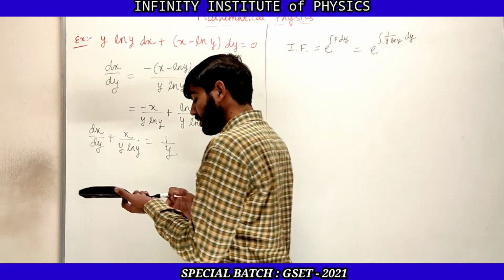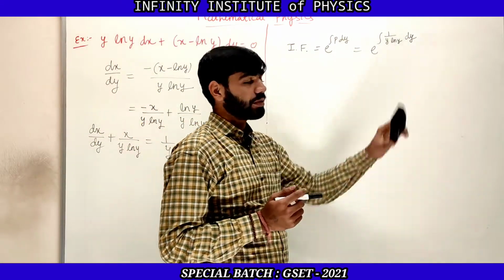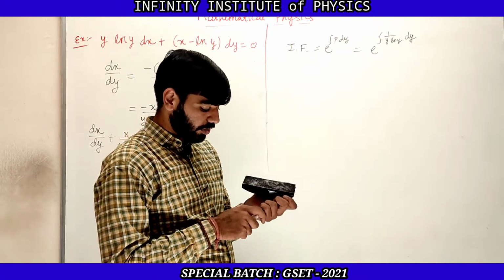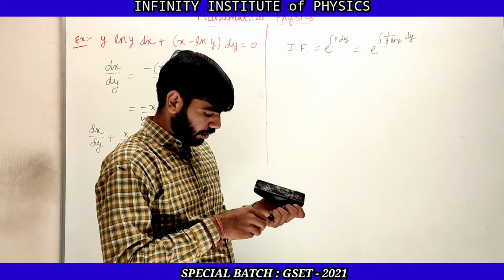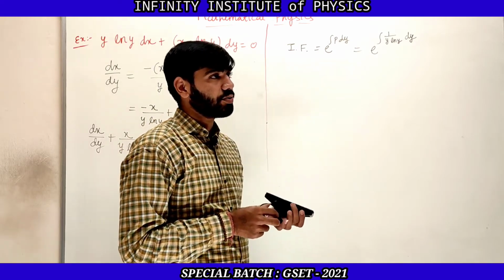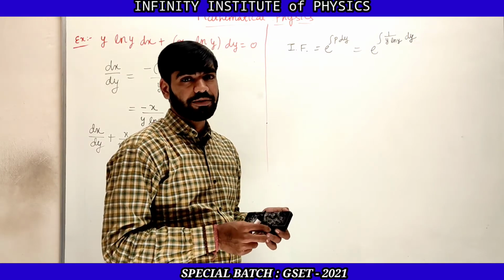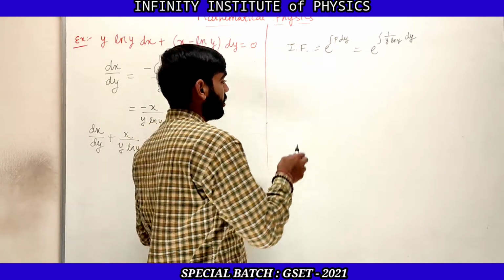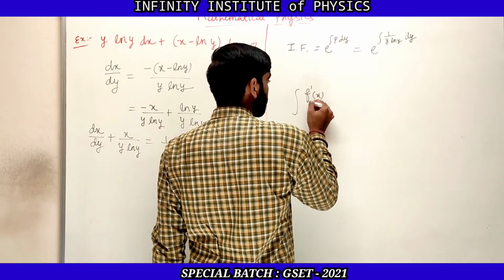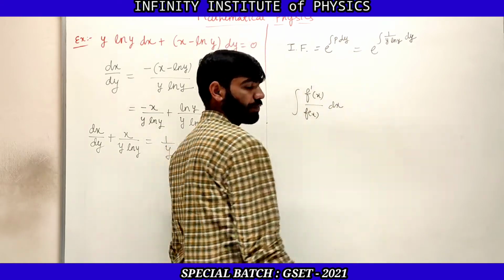Now the question is how to find this integration. So again, let me recall one formula: integration of f of x raised to n into f dash x dx, or again the formula we have written, f dash x upon f x dx.